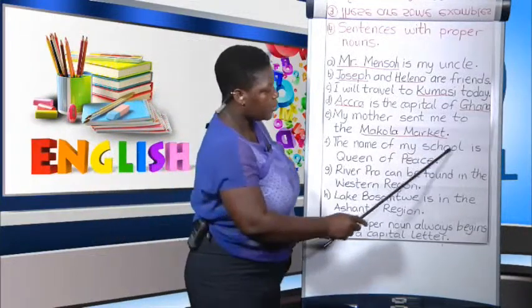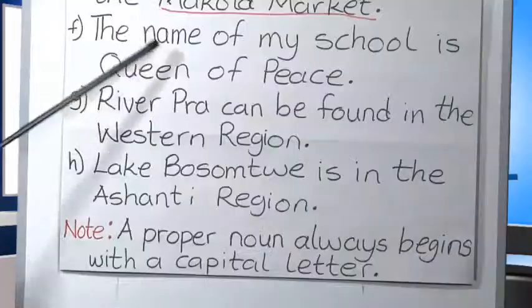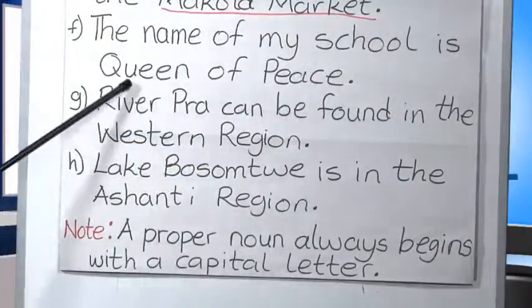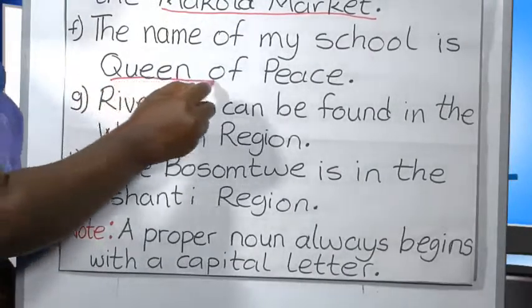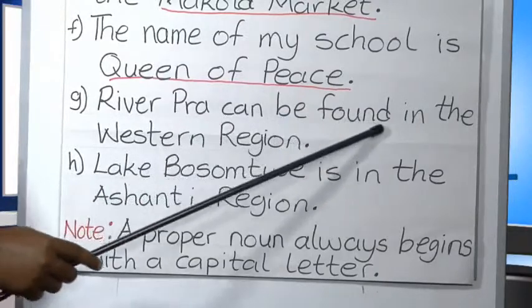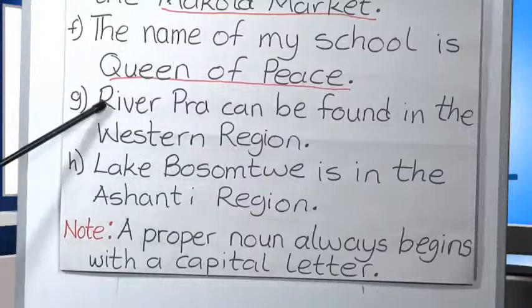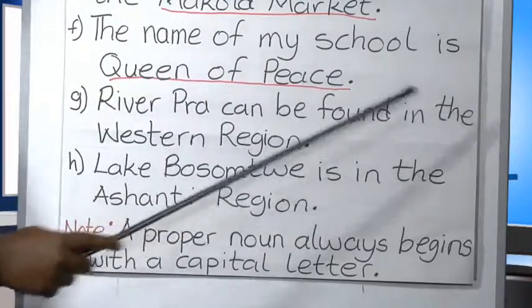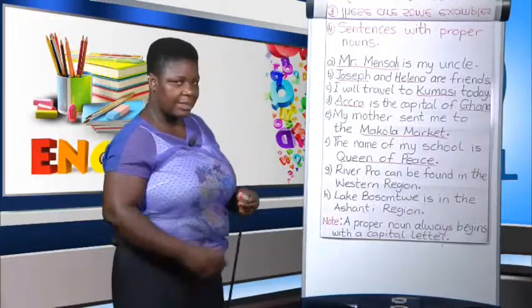The name of my school is Queen of Peace. Queen of Peace is the proper noun in this sentence. River Pra can be found in the Western region. What do you think the proper nouns in this sentence will be?